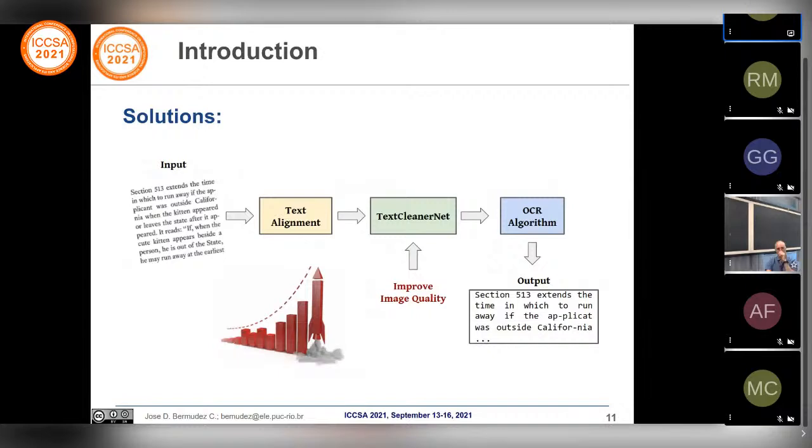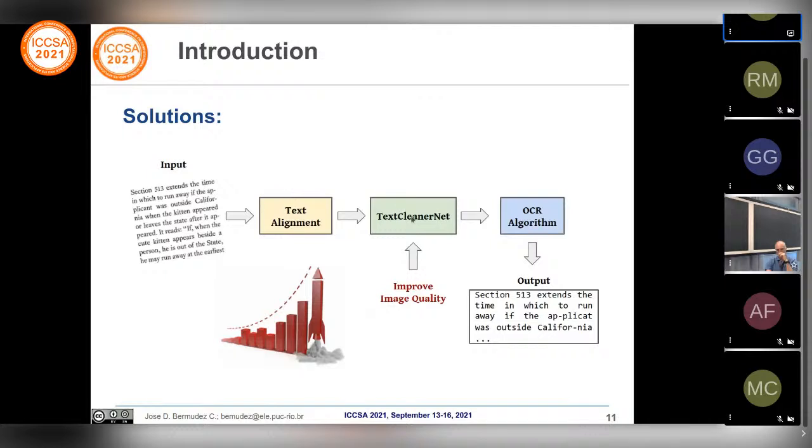In our processing pipeline, we have as input the block of text. We first detect the orientation of the text, and using a convolutional neural network for detecting this orientation, we also rotate the image in order to guarantee the horizontal alignment of the text.